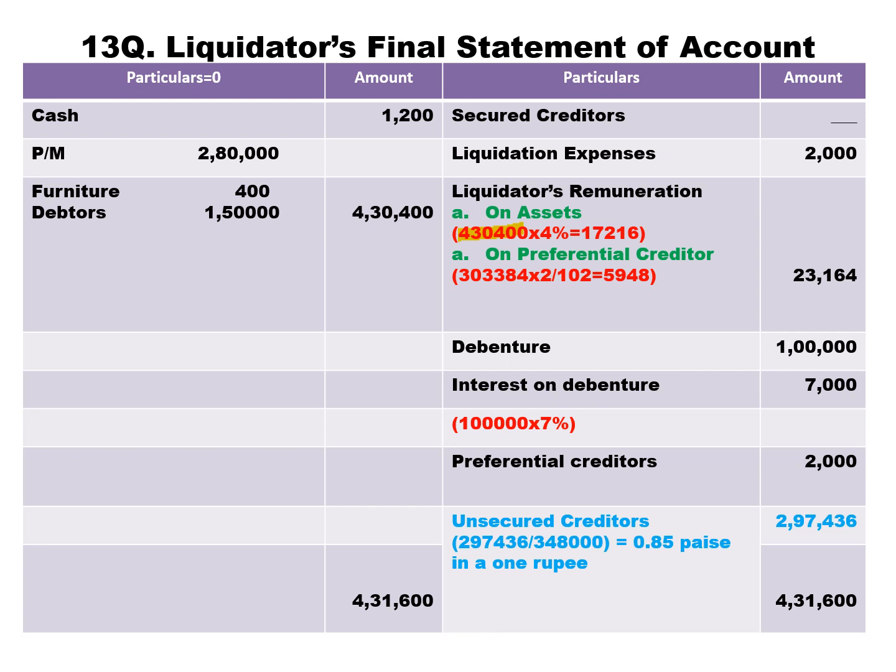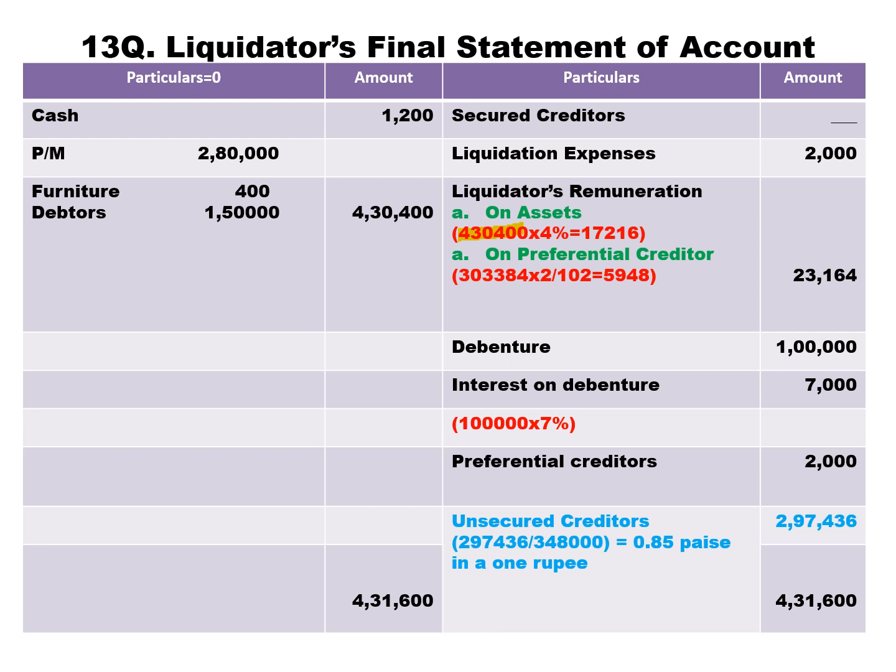Do not calculate now, keep it pending. We shall check whether sufficient amount is available or not. Then we have debenture 1 lakh. Debenture interest is due for 1 year. 1 lakh into 7%, so we get debenture interest 7,000. Then we have preferential creditor 2,000.